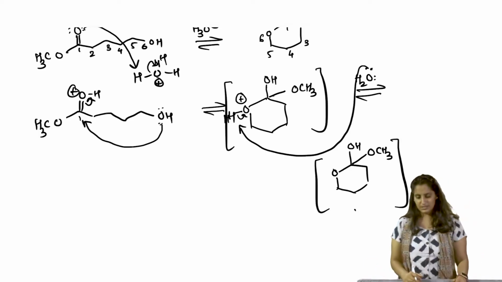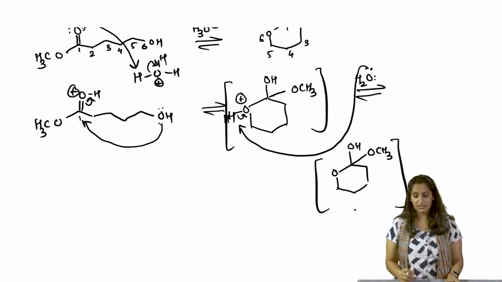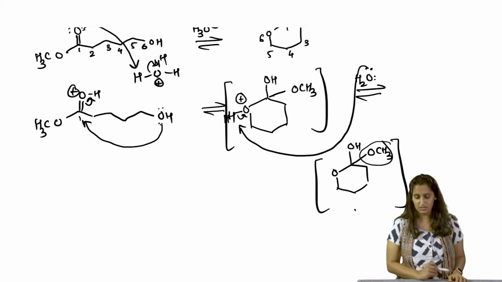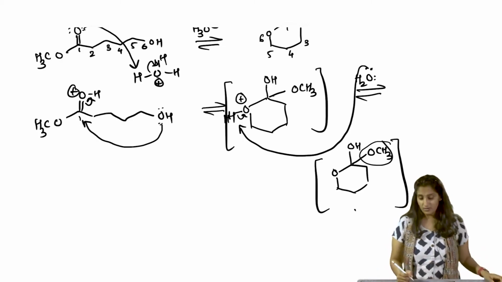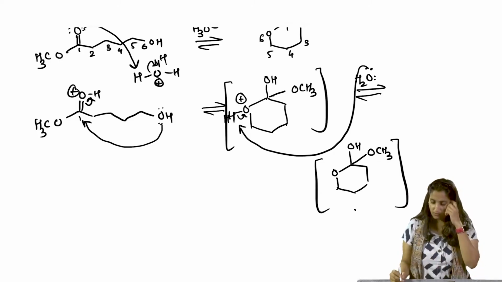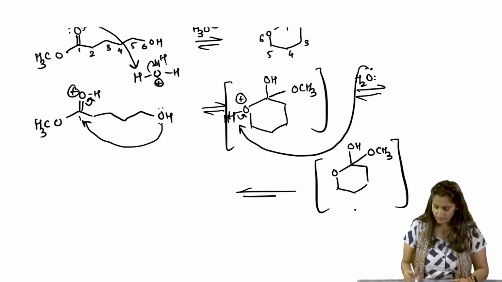So, that is our intermediate right there, the tetrahedral intermediate, and now we have to kick out one of the things, and the leaving group in this case is going to be OCH3. But we cannot kick it out just like that because we are in acidic medium. So, what we are going to do is first make it into a good leaving group, and that becomes our good leaving group here.